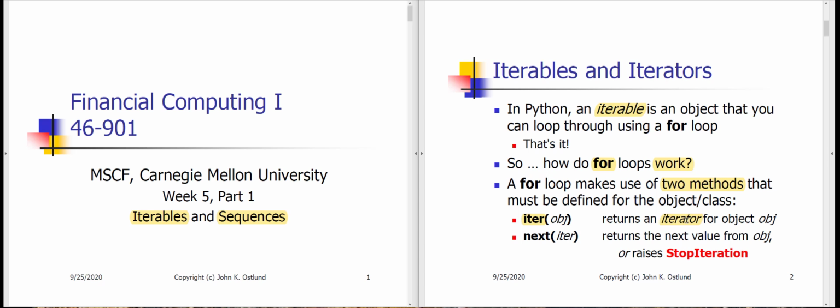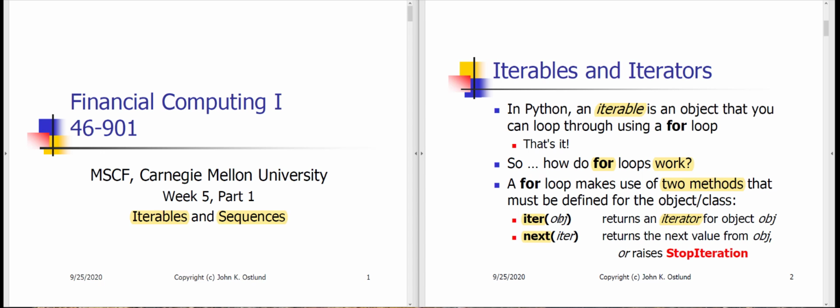That iterator is initially set up to indicate the first value in the iterable object. Then to obtain that value, and in fact to obtain any next value using that iterator, we use the next function.